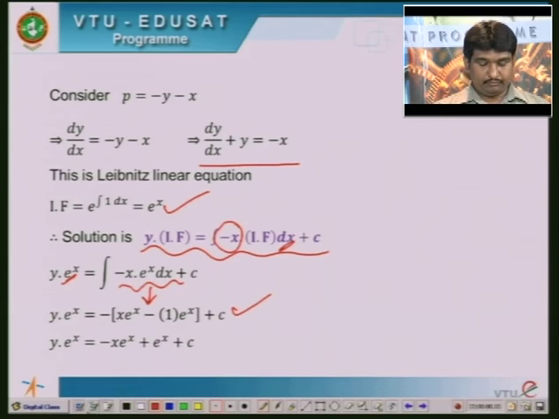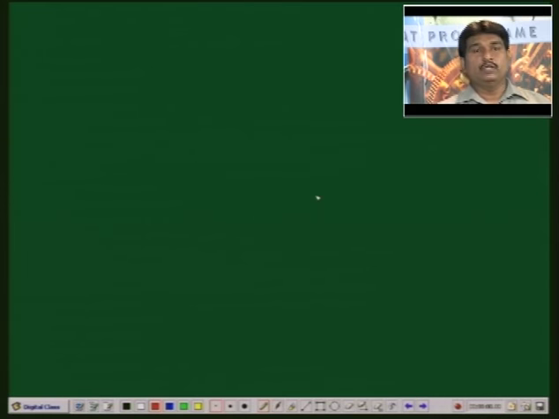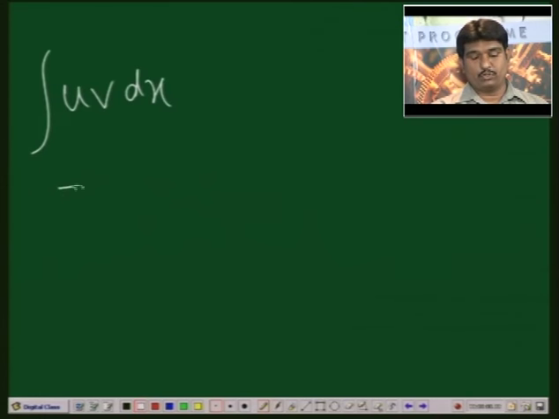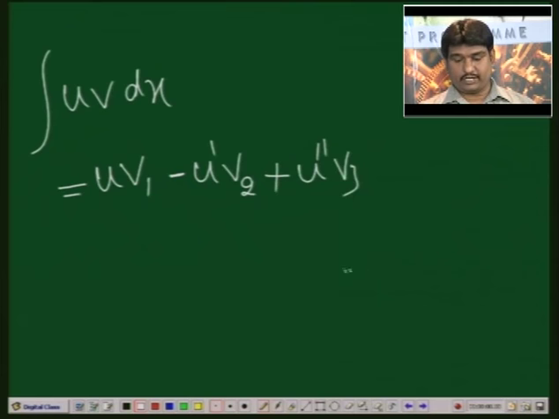You know Bernoulli's rule: integration of u into v dx equals, write the first function as it is, integrate the second function, u into v1, minus differentiate the first function, integrate the second, plus, alternately plus and minus, differentiate the first, integrate the second one, and so on, continue like this.